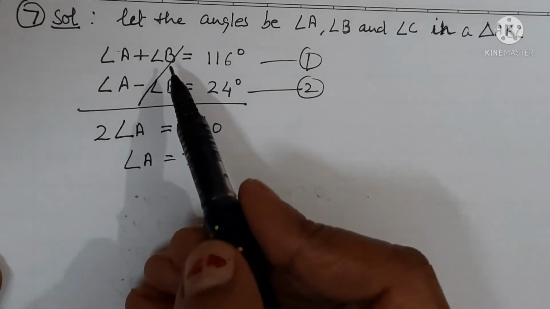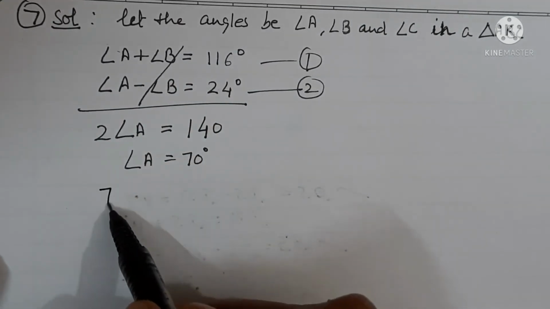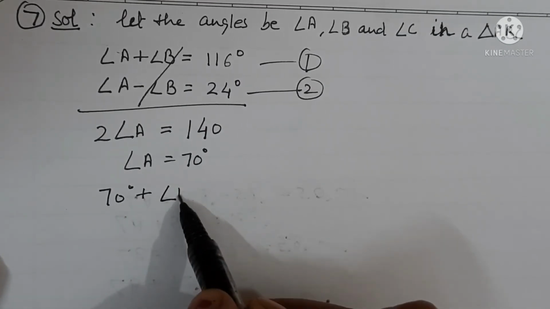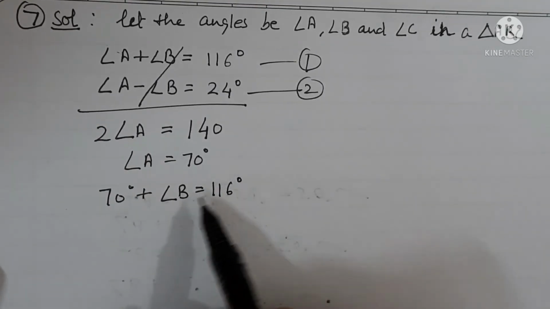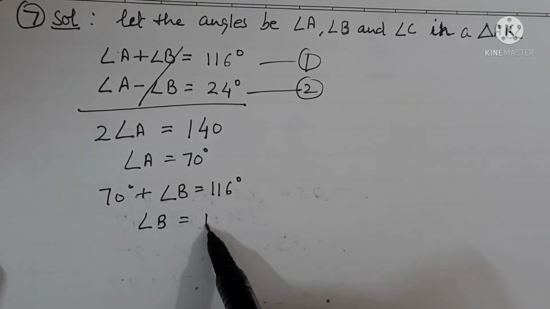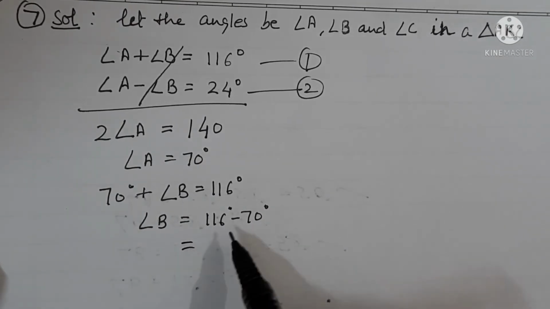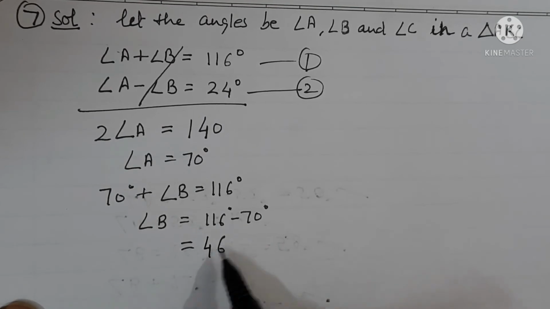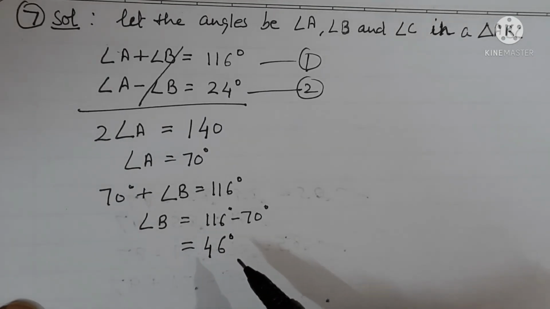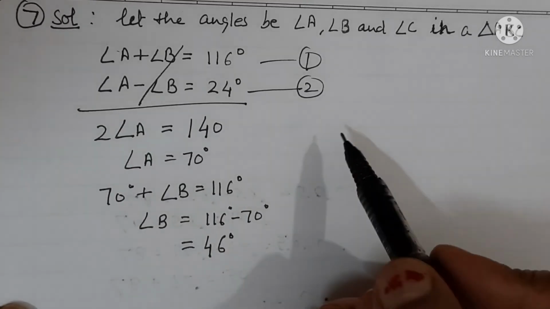Now substitute this value in any equation. So angle A is 70 degrees plus angle B is equal to 116 degrees. Angle B is equal to 116 degrees minus 70 degrees, which is 46 degrees. Next, how can you find angle C?